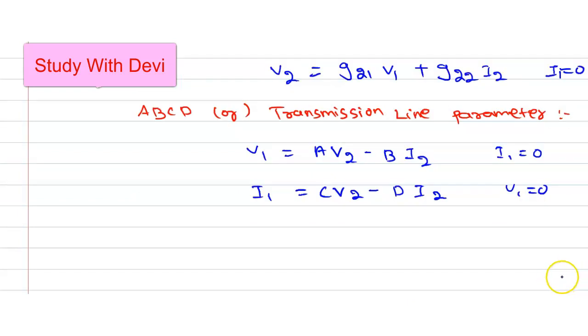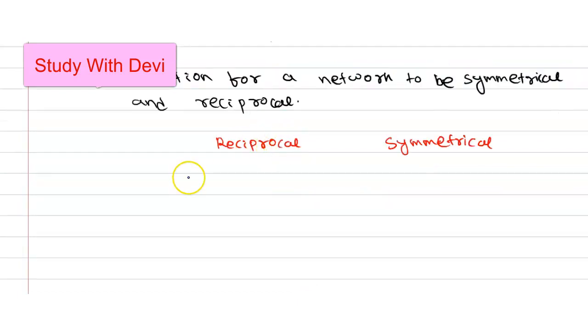Different conditions for a network to be symmetrical and reciprocal. If a network is symmetrical and reciprocal, there are some conditions. Those conditions are as follows.